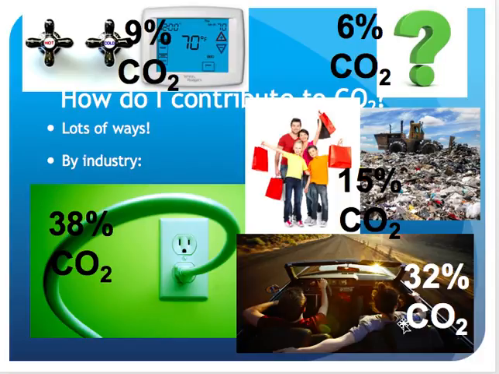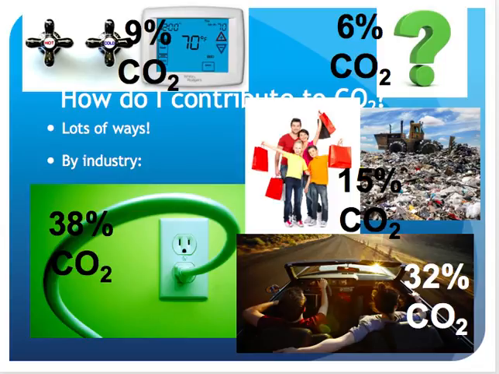32% comes from our transportation industry, whether that's you personally driving your car or whether that is the semi-truck that brought your strawberries for breakfast this morning. That came from that transportation industry. The next is 15% of our carbon dioxide comes from the manufacture industry. So that is manufacturing the plastic that held your strawberries.